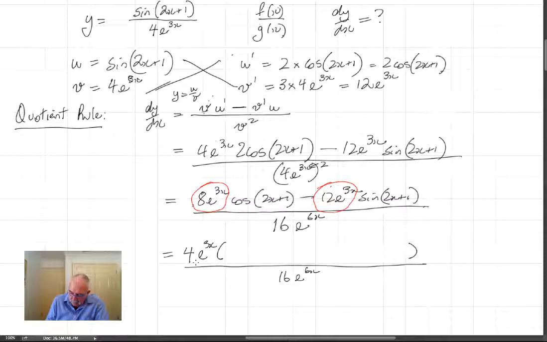And now we say, what have we got to multiply this by to get all of this term here? So I've got to multiply by 2 cos 2x plus 1 minus, what have I got to multiply 4e to the 3x by to get 12e to the 3x? Well, that'll be just 3 sine 2x plus 1. Put that in brackets as well.